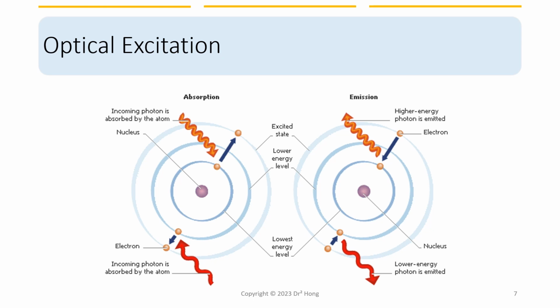Now, the excitation and emission wavelengths of a fluorescent molecule are determined by its electronic structures and the chemical environment in which it is located. And different molecules have different excitation and emission spectra, which can be used to identify and quantify them.